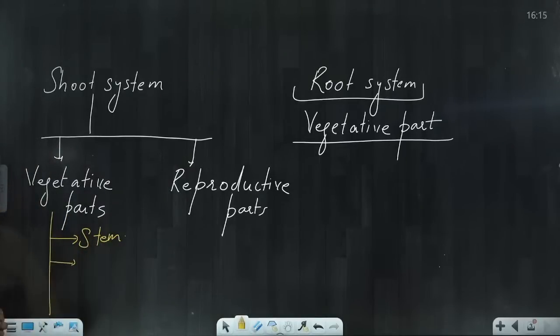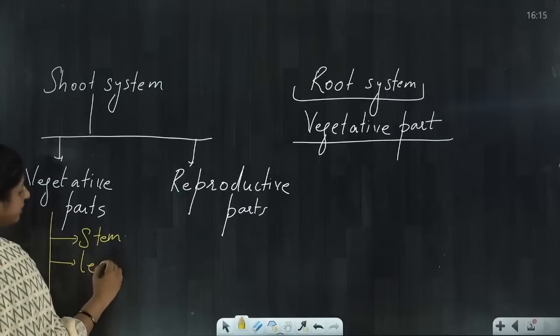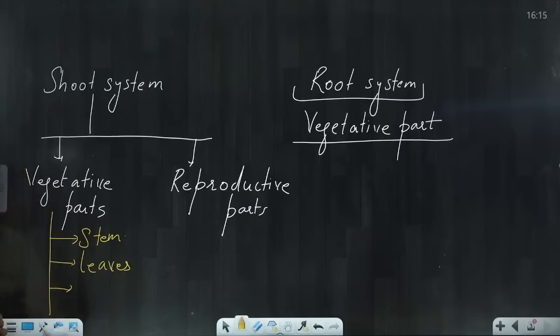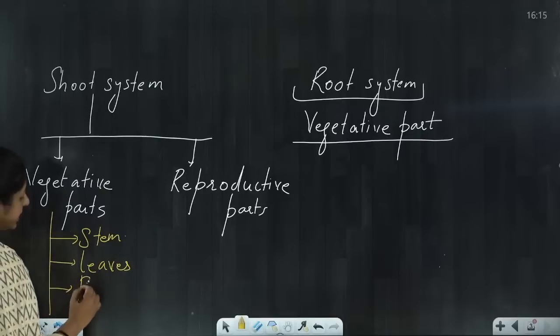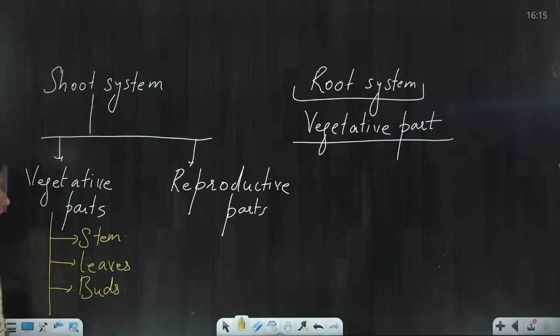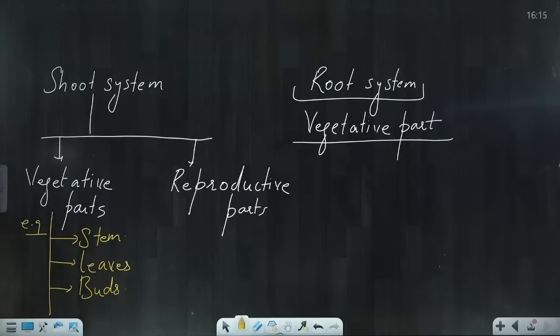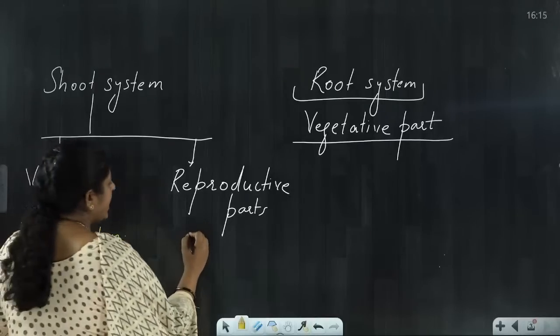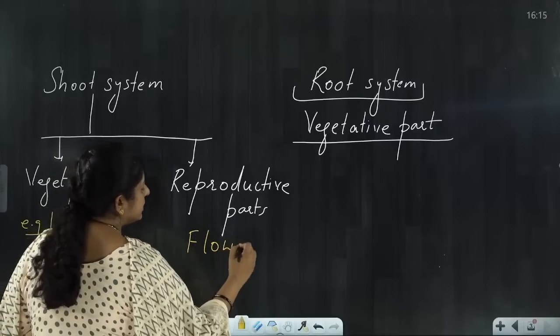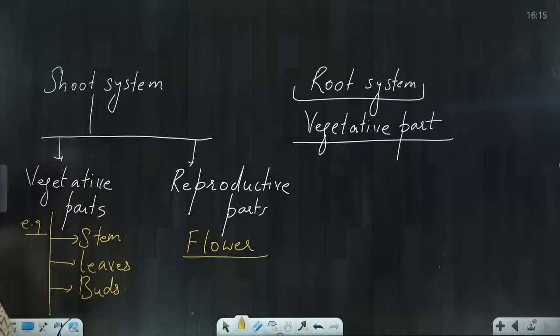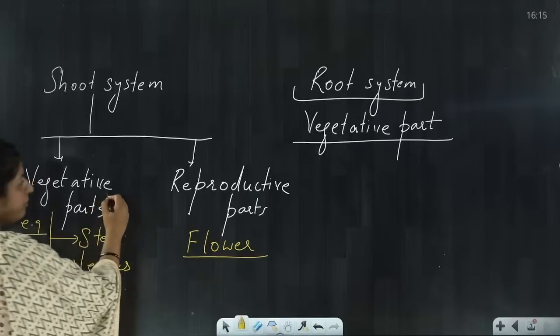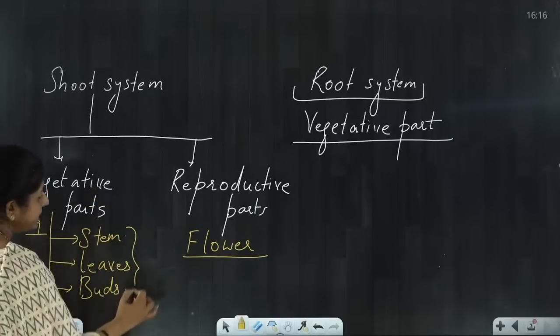It will have leaves, right? And what next? Buds, right? These are some examples I have given which come under the vegetative parts of the plant. What is the reproductive part of the plant? The flower, right?